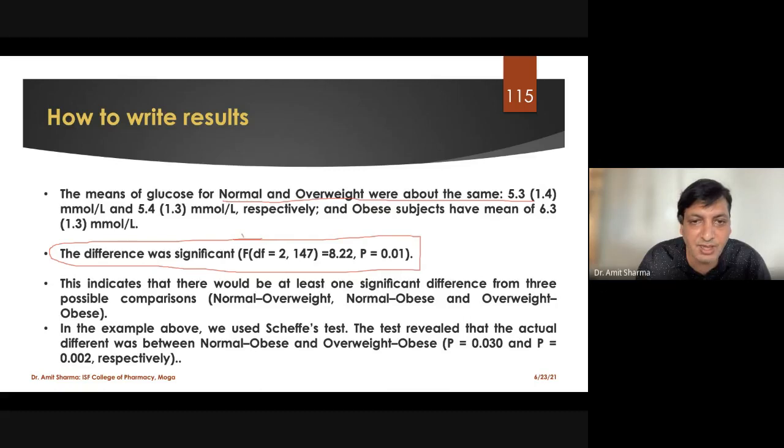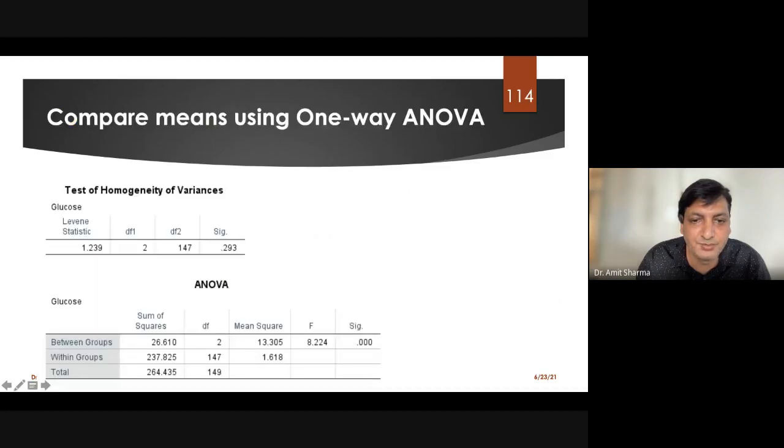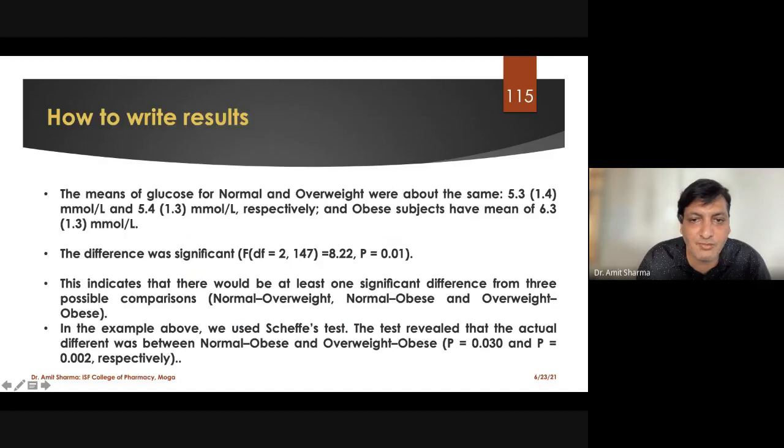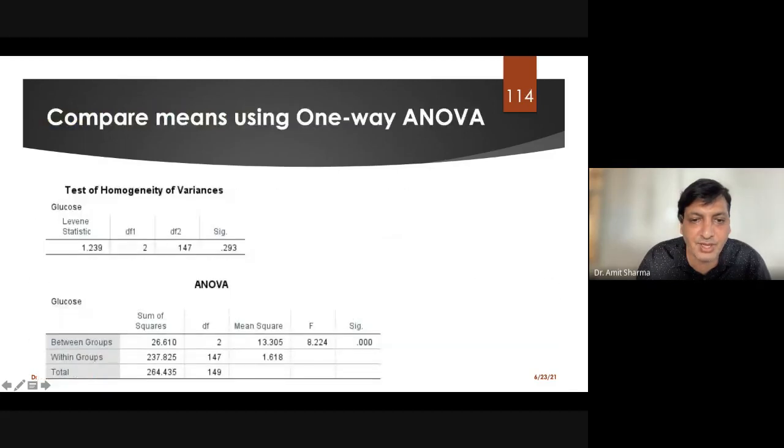You have to write F in brackets, then the degree of freedom, and these two I have taken from this table, 2, then comma 147. So these two values you have to take, the 2 and 147, and this value you are going to quote in the final calculation.